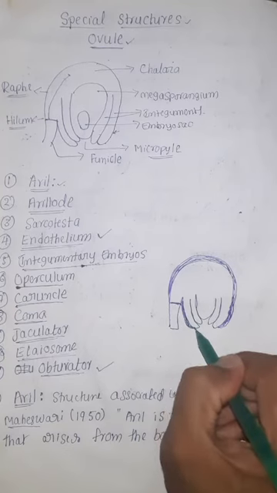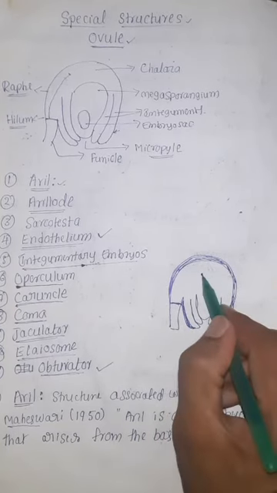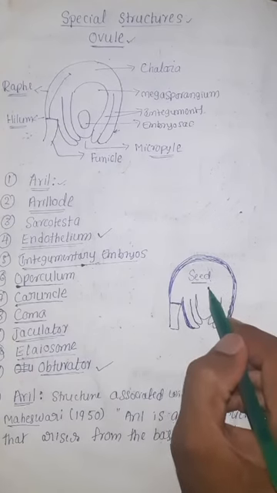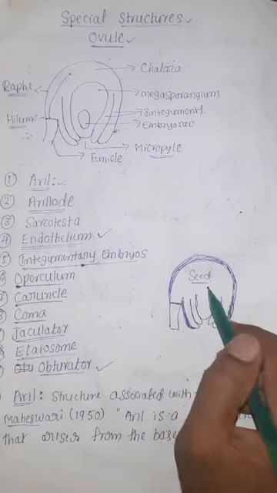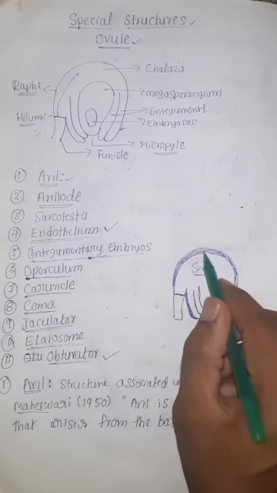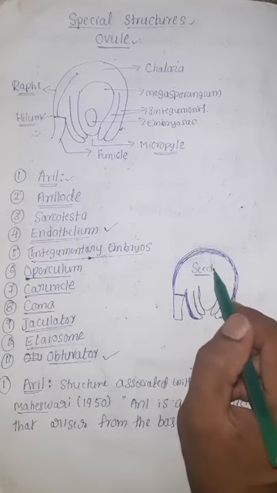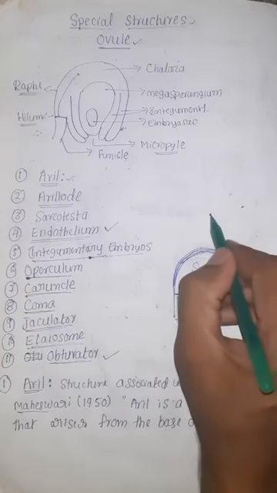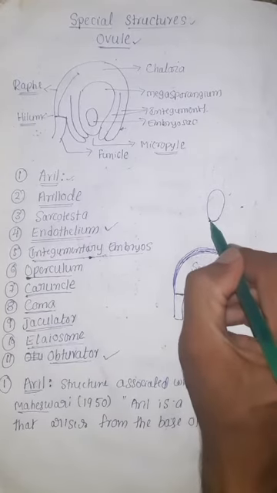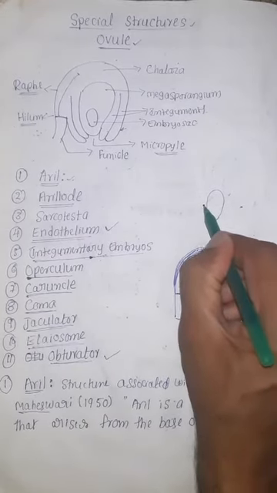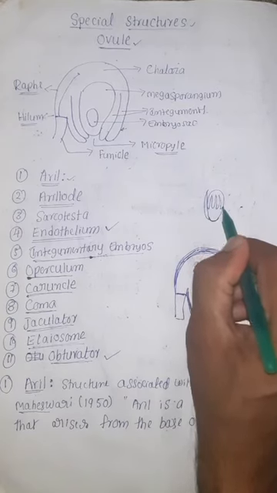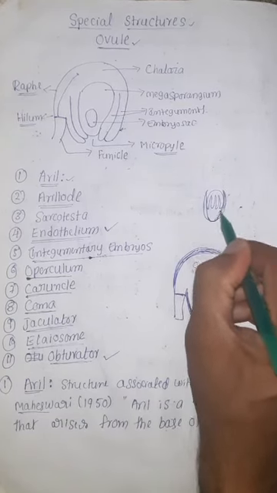We already know that the ovule is nothing but the forerunner of the seed. In the future it will give rise to the seed. Whenever the ovule turns into a seed, this aril is placed outside the seed. For example, after maturity this is the seed, right? The aril will be present outside the seed like this. This is all aril.